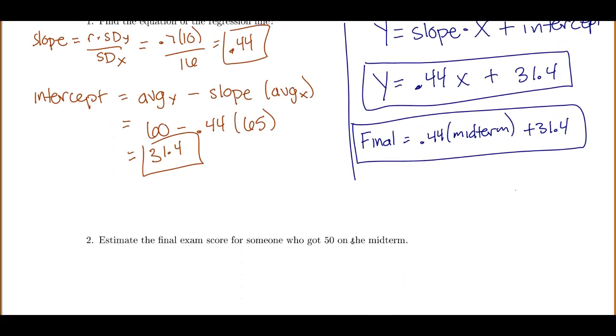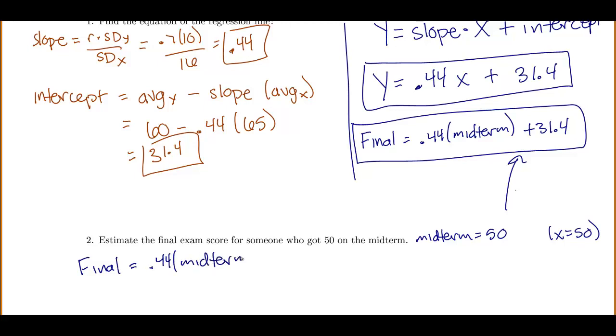So now number 2, estimate the final exam score for someone who got a 50 on the midterm. Okay, so that means our midterm equals 50, or if you prefer, that x equals 50. But now all I have to do is plug that into the equation of my line. So your final equals 0.44 times the midterm plus 31.4.